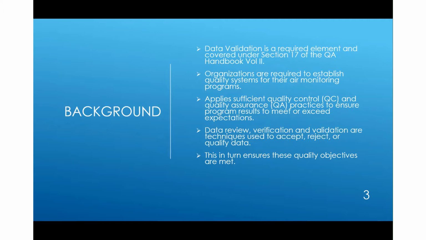A quality system is the framework by which an organization applies sufficient quality control and quality assurance practices to ensure program results meet or exceed expectations. Data review, verification, and validation are techniques used to accept, reject, or qualify data in an objective and consistent manner. This in turn assures that these quality objectives are met.